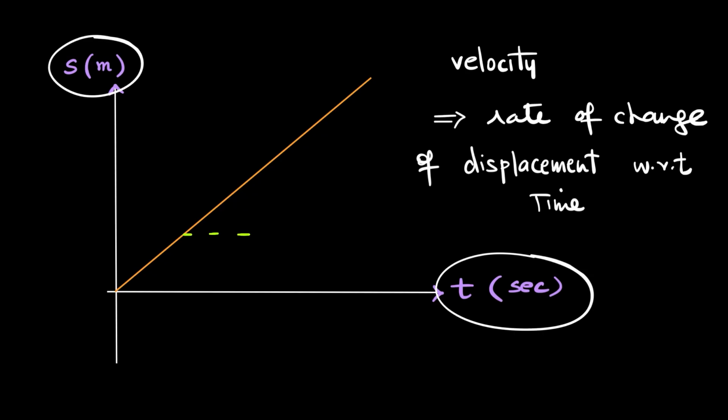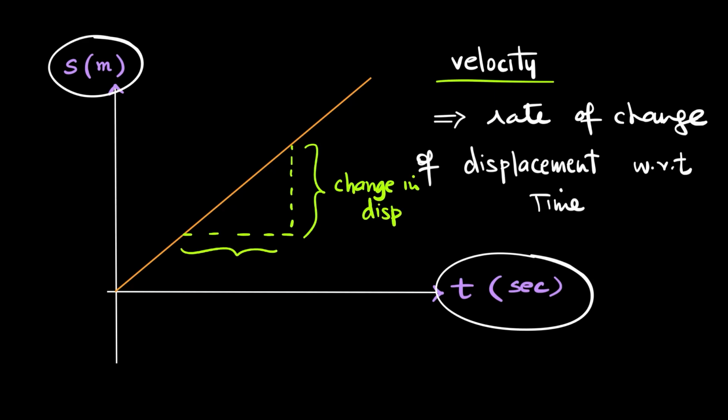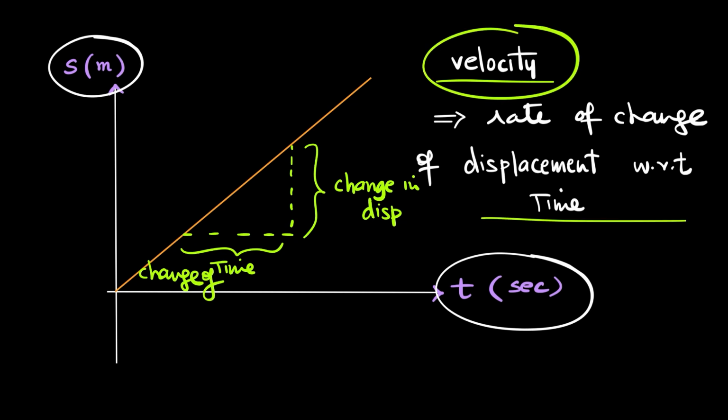Therefore, the gradient of this displacement time graph represents velocity. This is the change in displacement. This is the change in time. Therefore, the rate of change of displacement with respect to time is velocity.